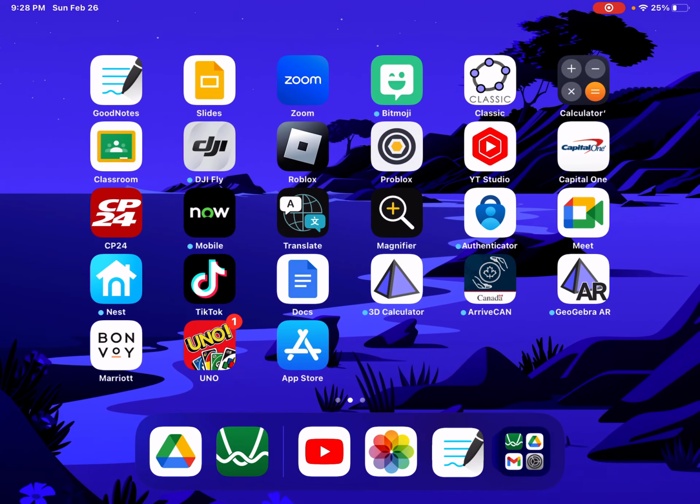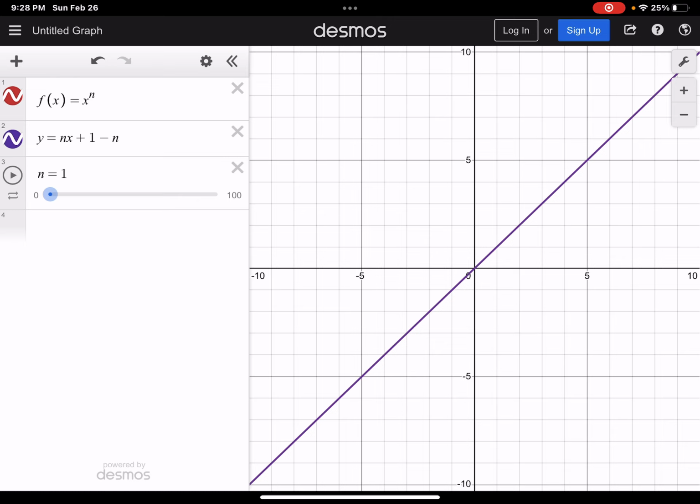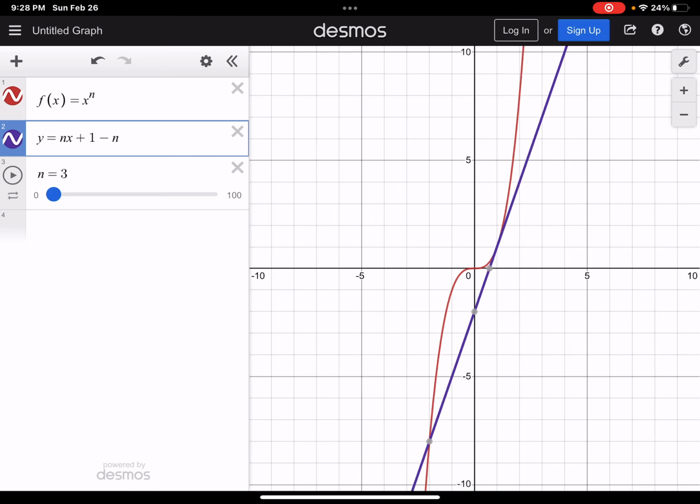So as you can see here, as we change the value of n, let me let n be equal to 1. If n equals 1, f of x equals x, and the tangent line is the same thing. We're going to continue with a power of 2.